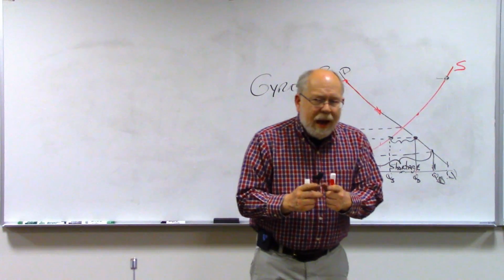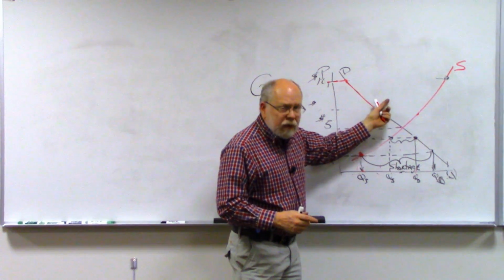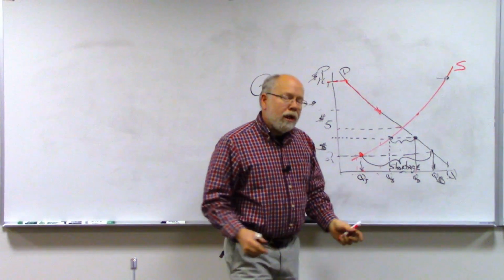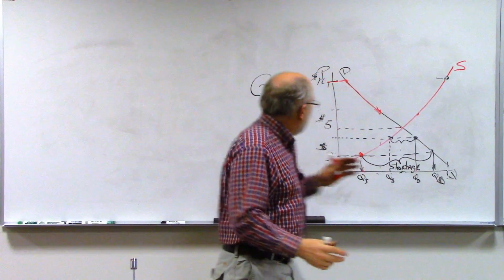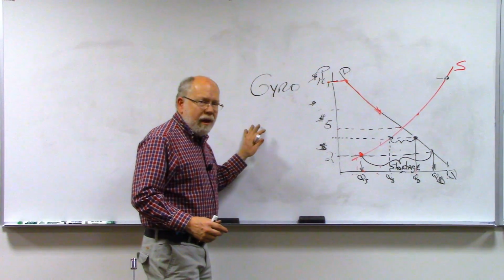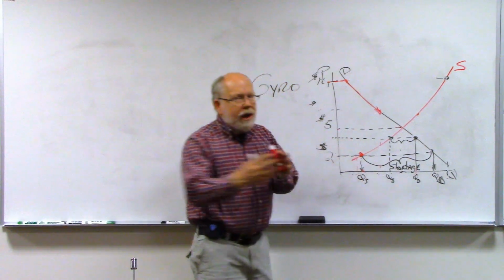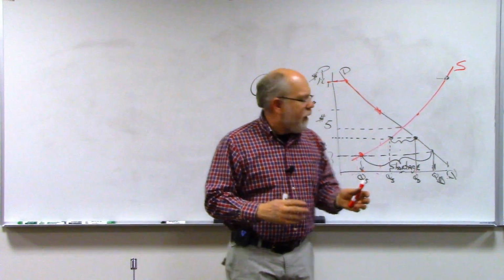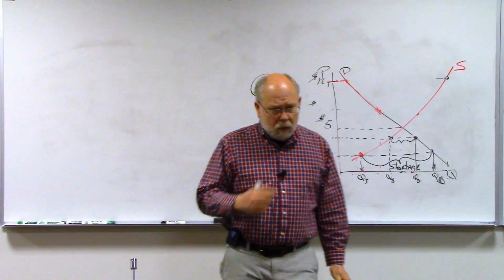Nature abhors a vacuum the same way the free market abhors surpluses and shortages. You want to get rid of surpluses? You want to get rid of shortages? All you do is you let Adam Smith's invisible hand allow people the freedom to trade at whatever price they want to trade at, and shortages will go away and surpluses will go away.